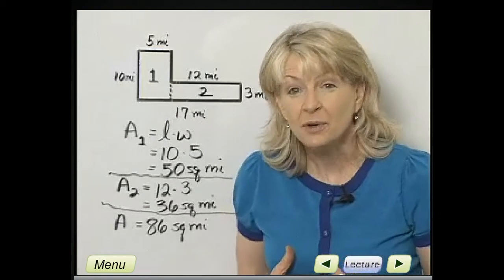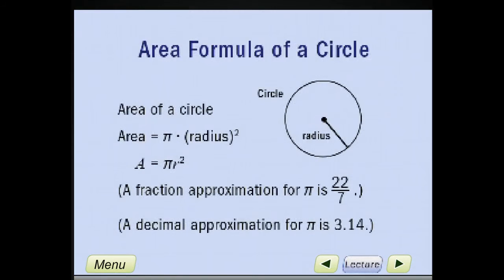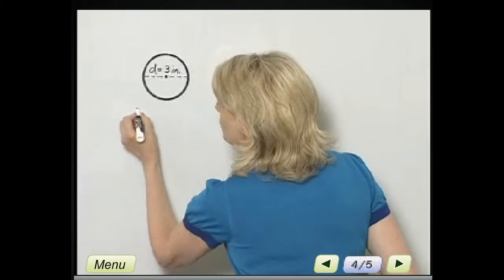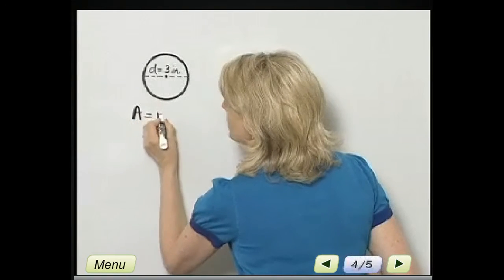Now let's find the area of a circle. Here's the area formula of a circle. Area is pi times radius squared. Now let's find the area of this circle. Remember, once again, area is measured in square units. What is the formula for area of a circle?